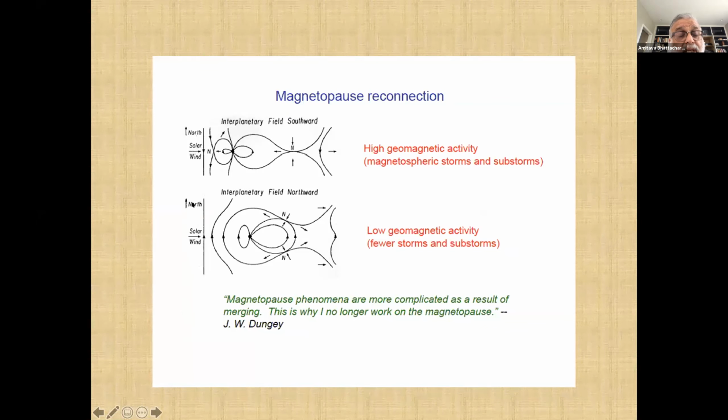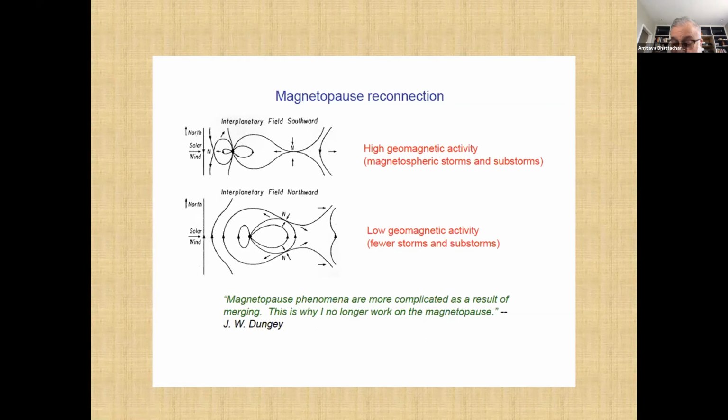In both cases, however, you have reconnection going on, which made Dungey throw up his hands and say, and this is typical of him, he was a very humble person, magnetospheric phenomena are more complicated as a result of merging, which he used as a substitute for magnetic reconnection. And this is why I no longer work on the magnetopause.